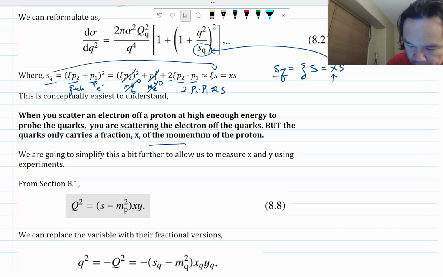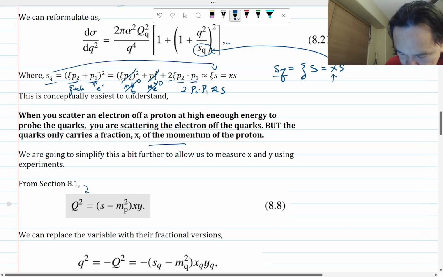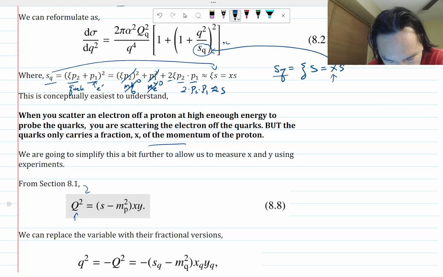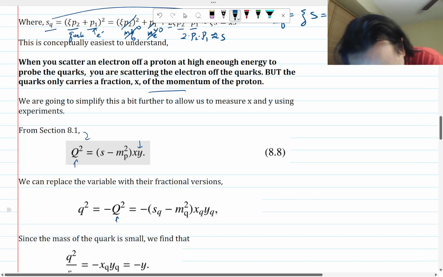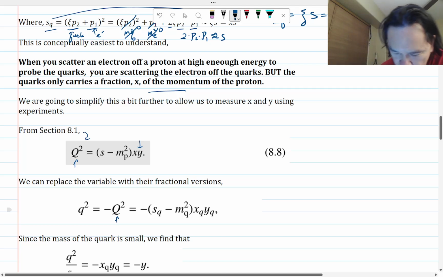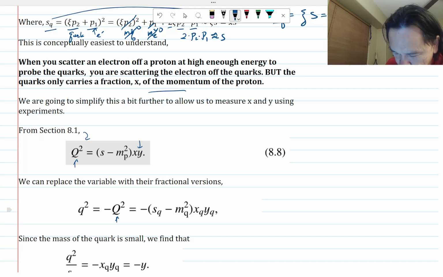Going back to 8.1 again, you can compute Q square not just as negative q square, but also S minus the mass of the proton squared, multiplied by the two kinematic variables x times y. We can replace this q square, sorry, capital Q square, by putting a negative sign out here.